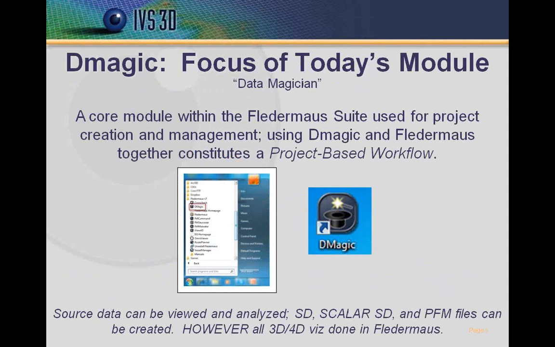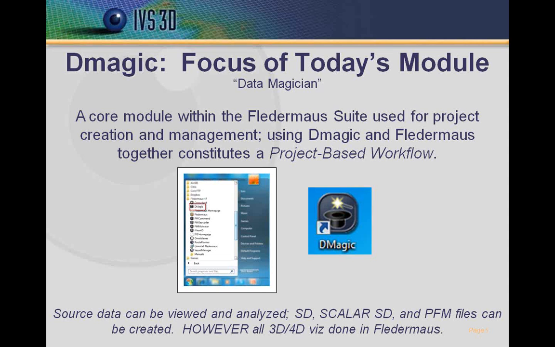The focus of today's webinar is DMagic, which stands for Data Magician. DMagic is a core module within the suite. You use it together with Fledermaus, and the two of them together constitute a project-based workflow. DMagic is an organization tool for data.